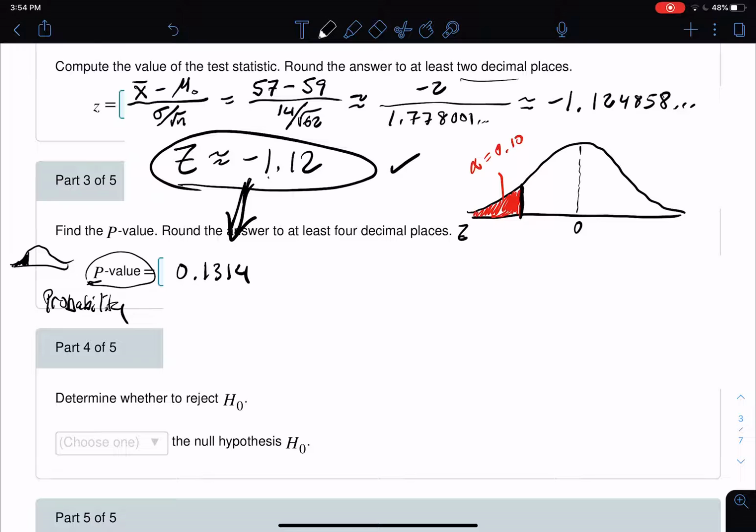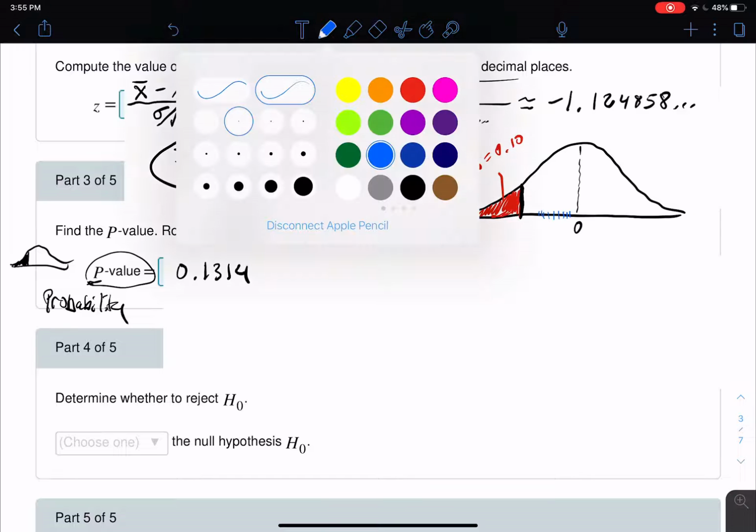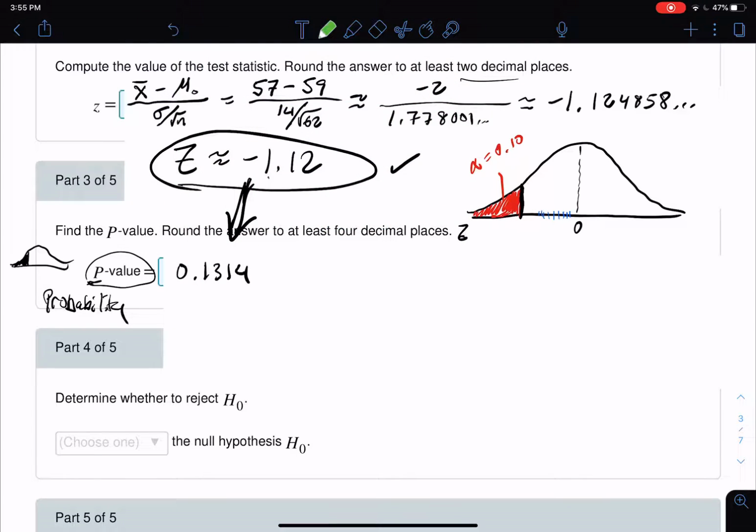So right away, you should be noticing something. If our sample mean is somewhere in here, that could be just due to chance, right? I don't want you to be thinking about this like I'm talking about z-scores.